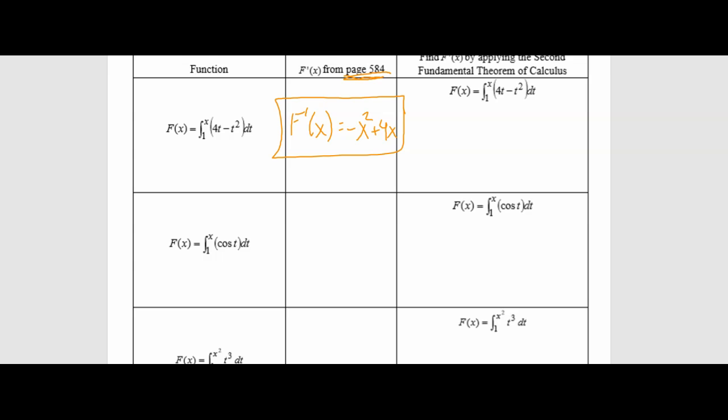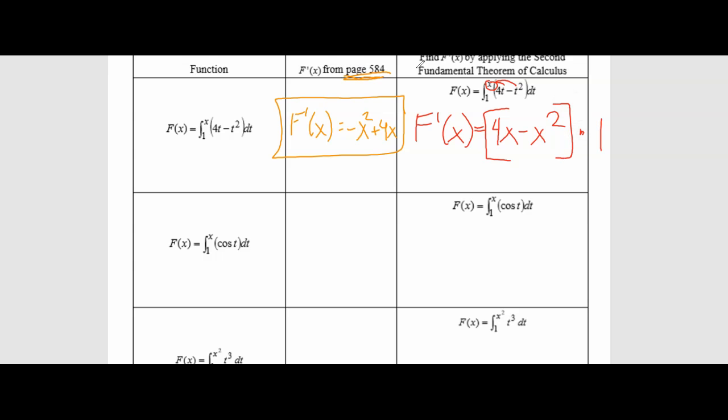If we apply the second fundamental theorem of calculus, well, we're going to take this x, we're going to replace the t's with it. So f prime of x is equal to 4x minus x squared. And again, you can think about, we then multiply by the derivative of x.